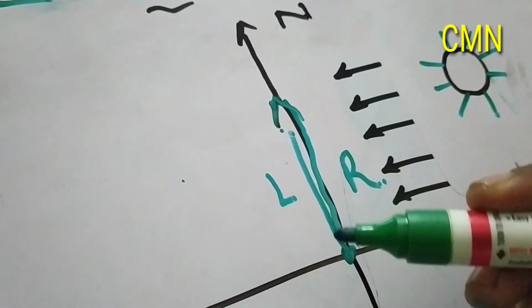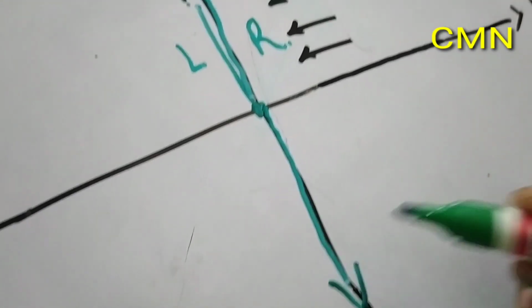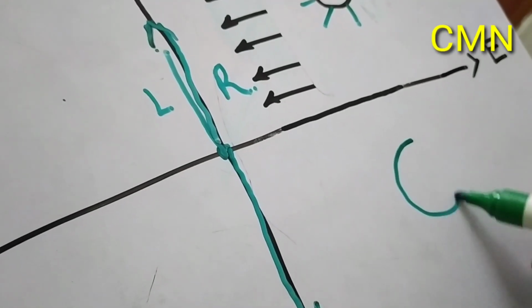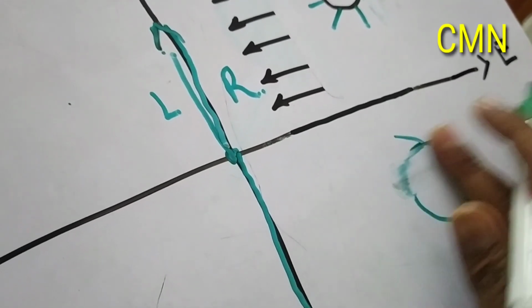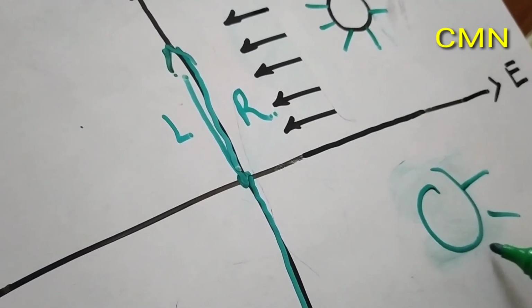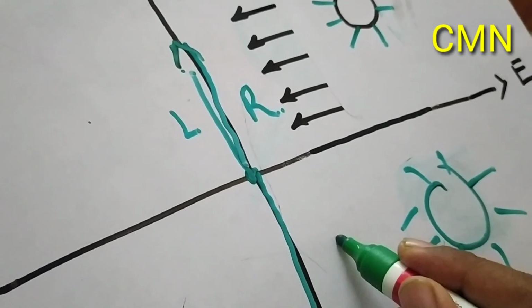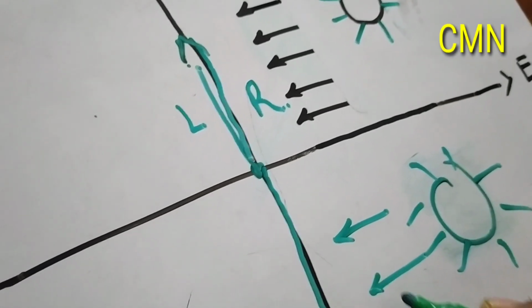Suppose the man is facing south direction. The sun will be the same, in the east direction.